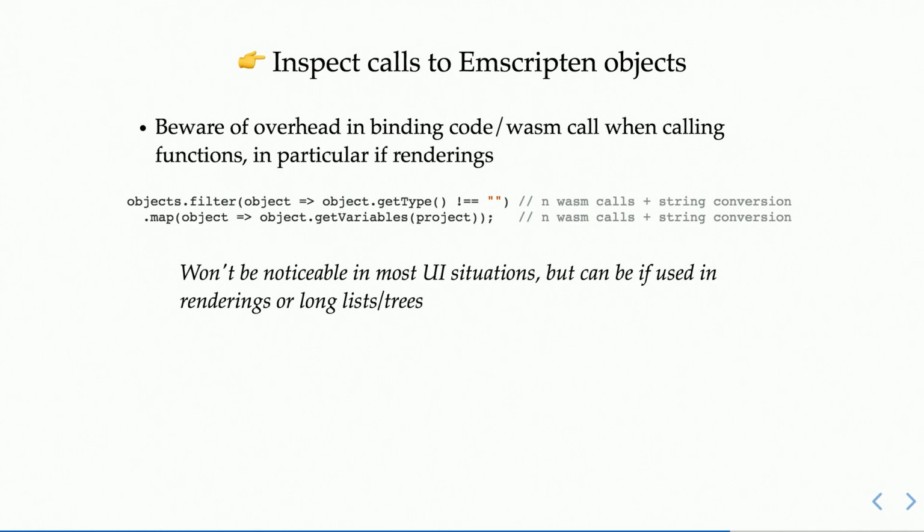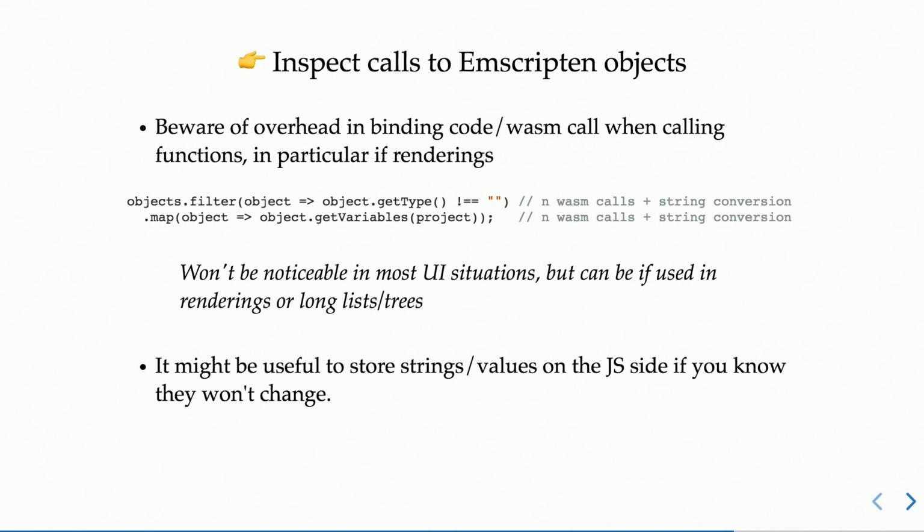Here, getVariables is also a call to WebAssembly. In this case, it can put a lot of stress on the rendering. It won't be noticeable in most UI situations, but if you have tons of objects, for example if you're rendering a virtualized list of hundreds of objects, it can feel slow. So the idea is that it might be useful to store strings or values on the JS side, so you can go over them at full speed.